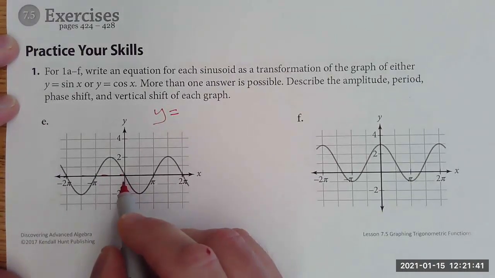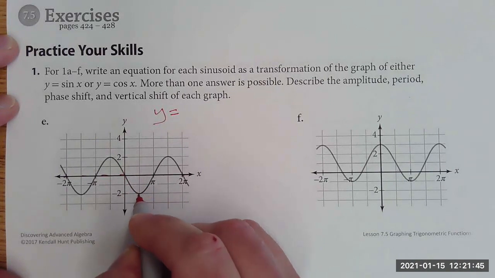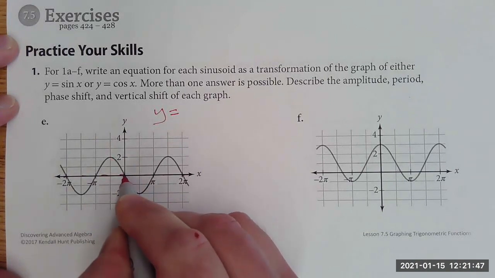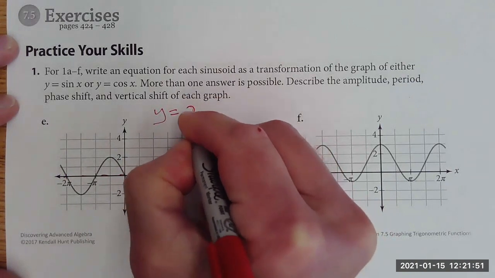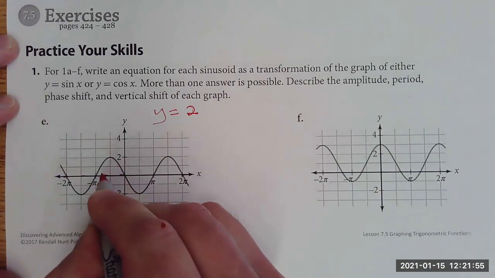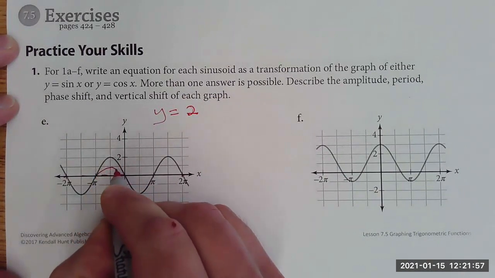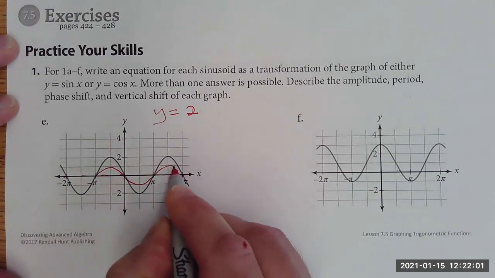Next, I'm looking for the distance between this midline and the maximum and minimum. It looks like the distance is 2, therefore my amplitude is 2. Now, if I shrink these back down to 1, I would get this graph.